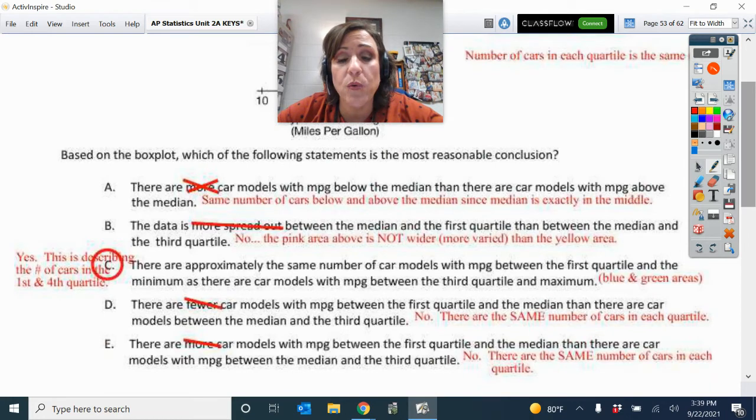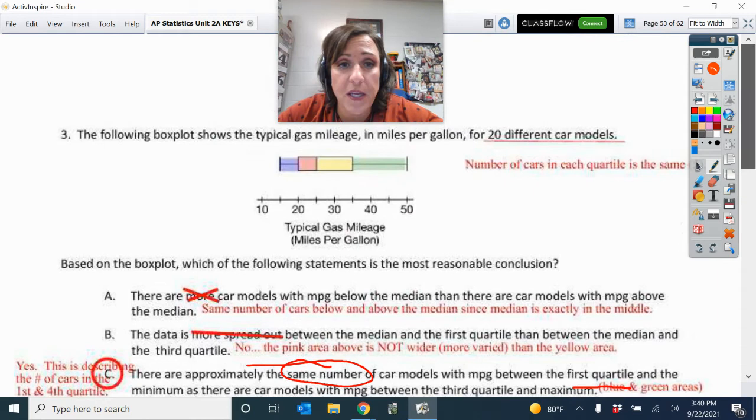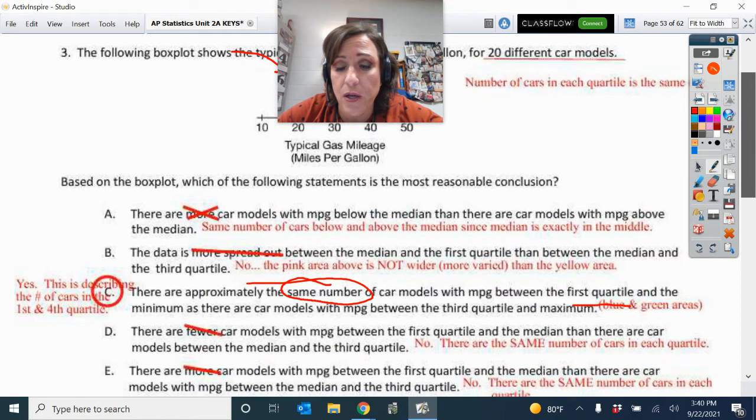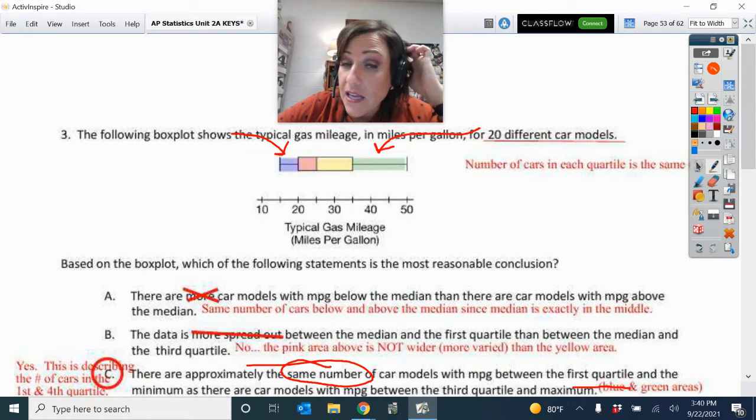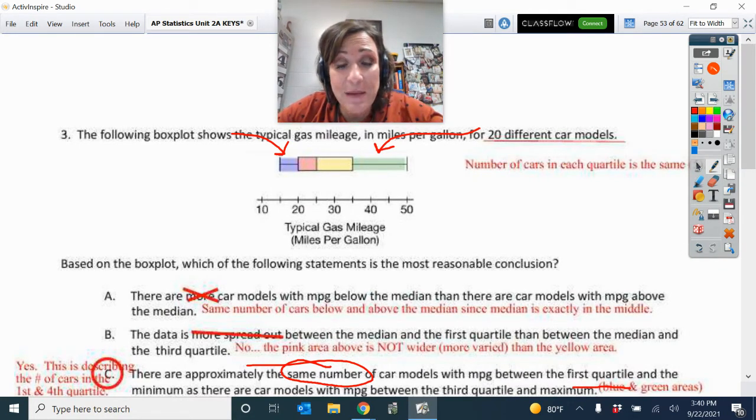All right. So in fact, that's what this answer choice C says, is there's approximately the same number of car models between Q1 and the minimum, so that's up here in this blue section, as there is from the third quartile to the maximum. Yes, those have the same number of cars in them. Why do those sections look different sized?